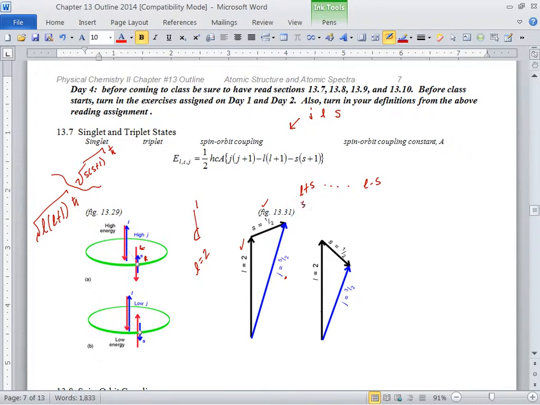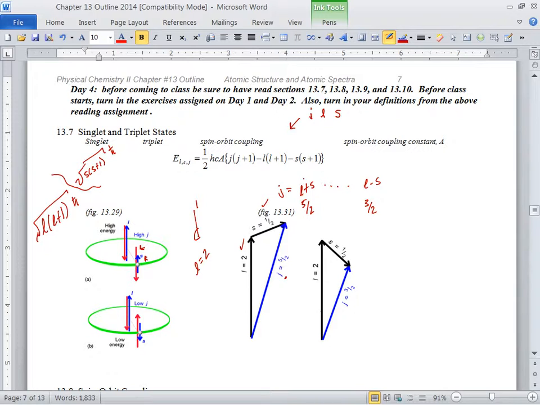You'd have 5 halves all the way down to 3 halves. And that's what our j is. These are lowercase, following their notation, because they want just one electron. They use lowercase letters. So there are just two possibilities for j, and then we could draw these projections.